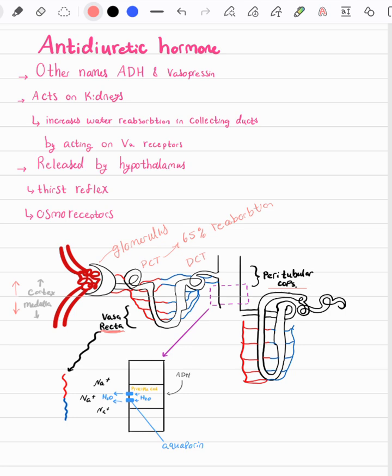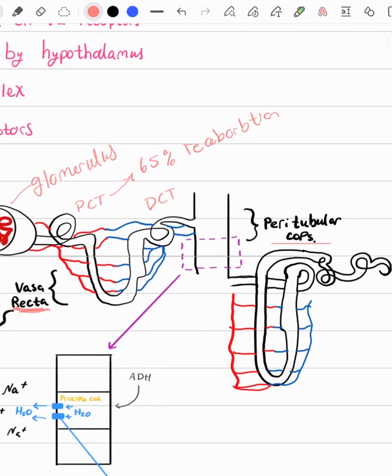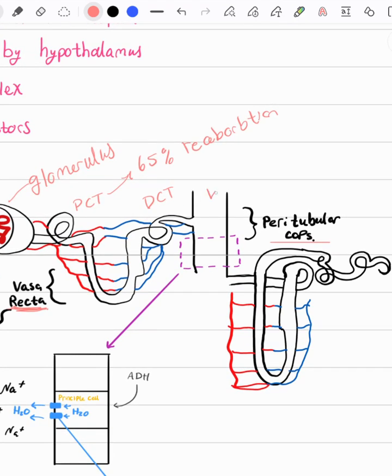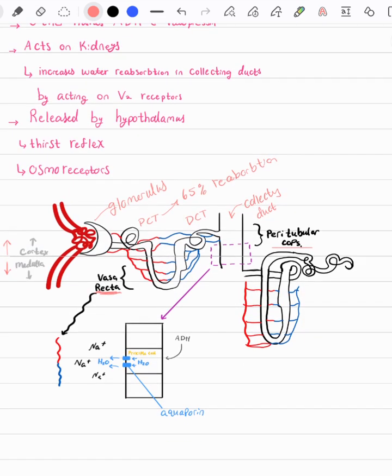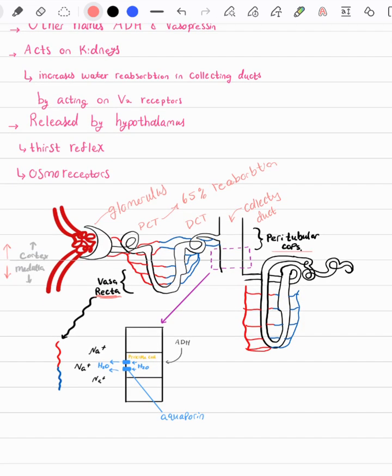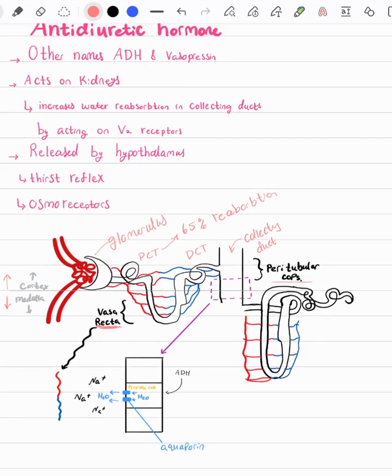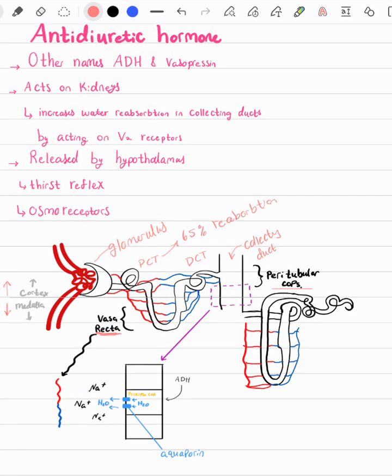And so how this works is that we're going to see part of the collecting duct here. We know the collecting duct is where our filtrate has been filtered, and so now it's urine.